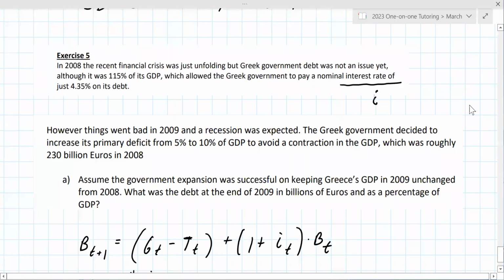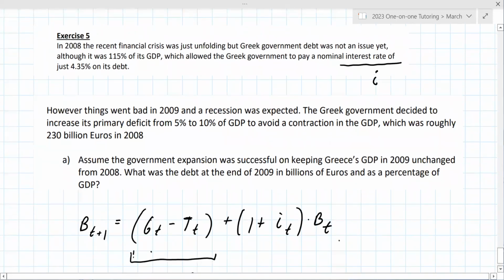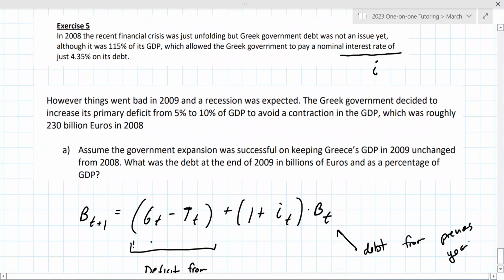It says it's the debt from the previous year. Probably would be wise to ask if these are true. I'm doing that based on the numbers they're putting into the equation and going back to reading the words. So this would give you the debt in the new year.